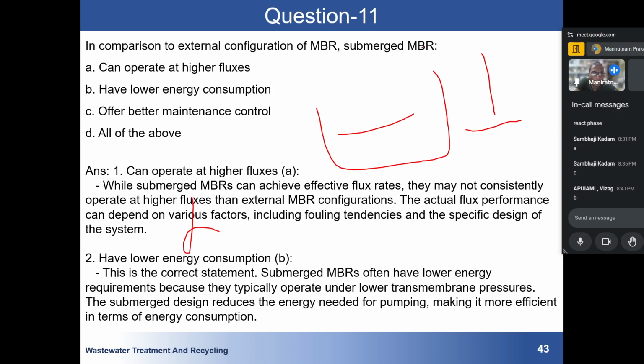We have to apply some kind of pressure, so water moves from one side to the other, and all the colloids and suspended solids get retained on the membrane. In the case of submerged MBR, a little less energy is consumed because there is some additional pressure from the wastewater present there. This submerged design reduces the energy needed for pumping, making it more efficient in terms of energy consumption.